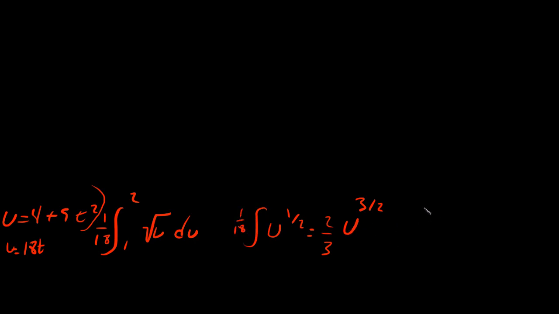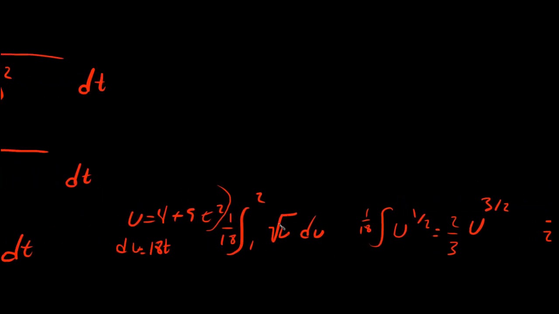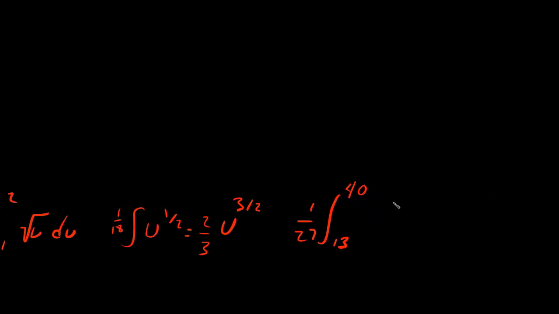So this is just 1 over 27 of u to the 3/2. Yeah, I plugged my 2 into here and got 40, and then I plugged my 1 into there and got 13. So I redefined my boundaries.